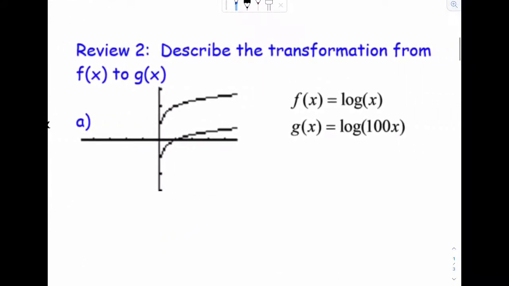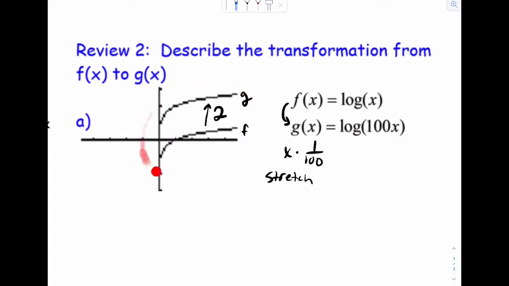Describe the transformation from f to g. So to help you, I'm going to label this. This one's f and this one's g. So just by looking at this, I can actually see that f to g went up 2. Now that might seem weird because if I were to purely ask you what happened, you would normally say x times 1 over 100. This would be the stretch that happens.